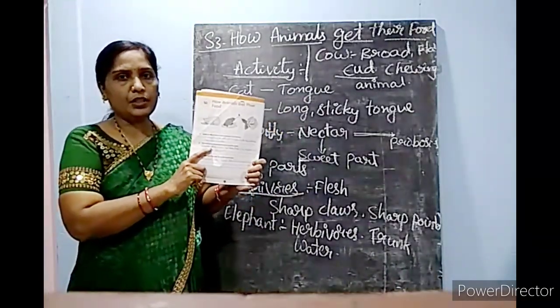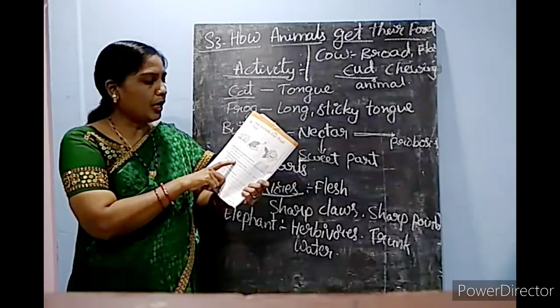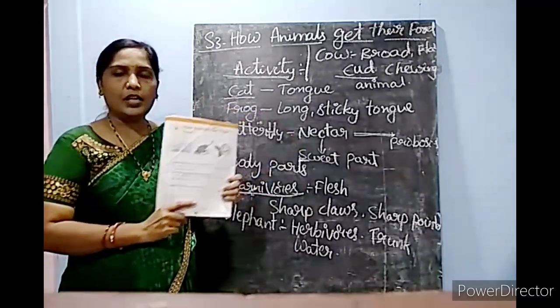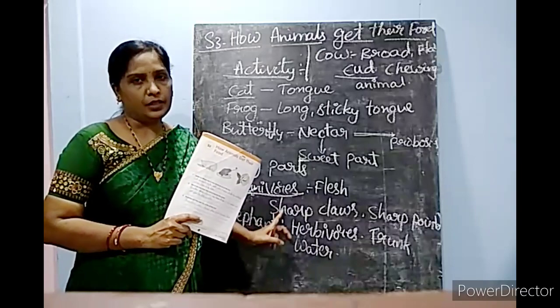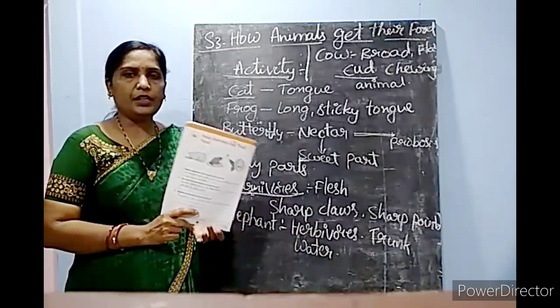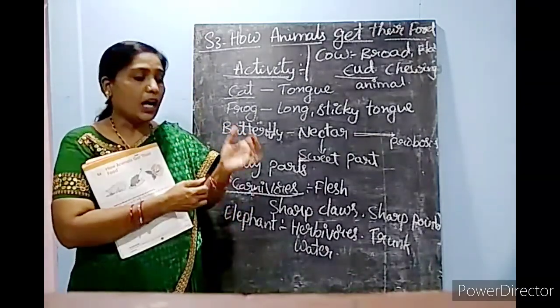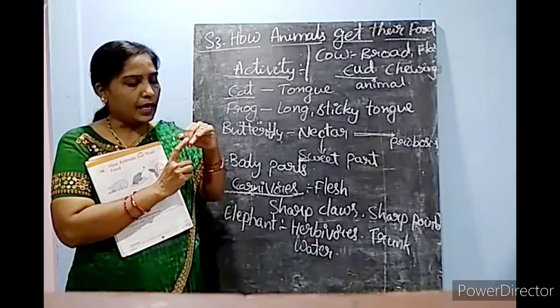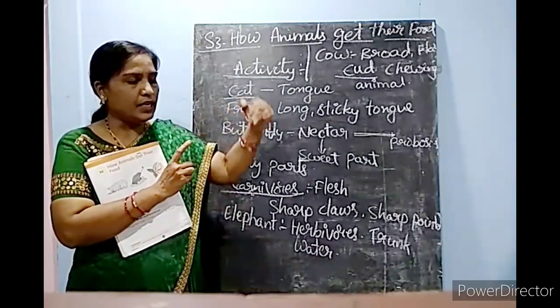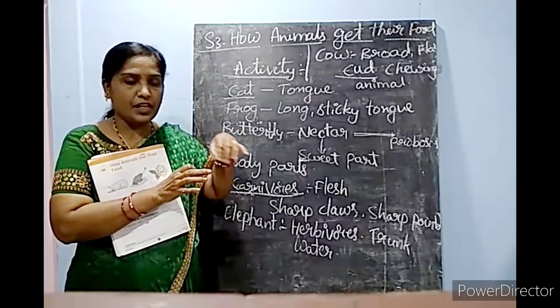And next we move on to the next question. Why do lions have sharp claws? The lion comes under which group? The carnivores group, because it's a flesh-eating animal. So it is having sharp claws. Claws are nothing but, just as we have nails at the end of our fingers, even the animals have sharp claws like this at the end of their toes.